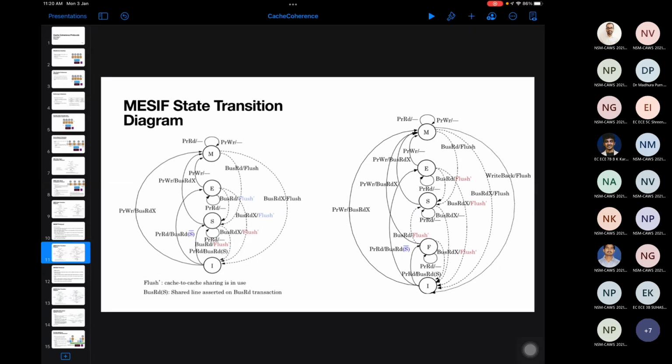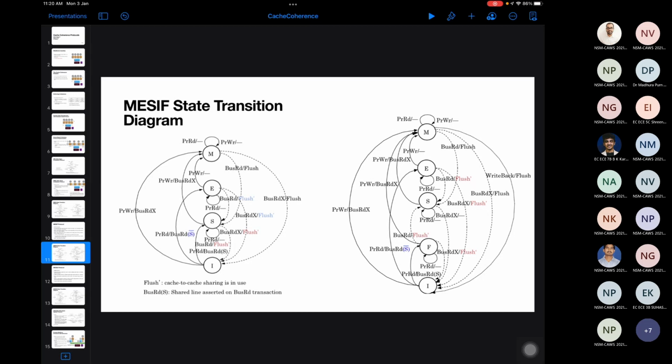The I2E transition is the same in both MESI and MESIF, but I2S or I2F depends on this. In MESI, we go I2S if someone else has a copy, and MESIF will go to I2F rather than I2S. The rest of the things are similar.